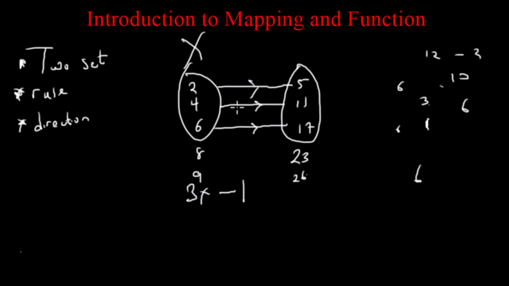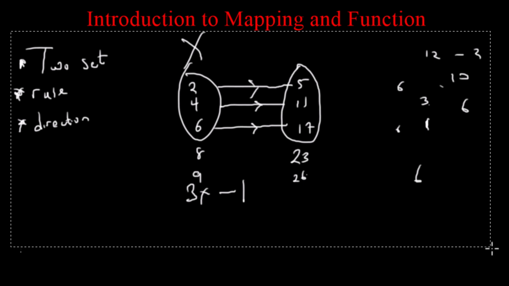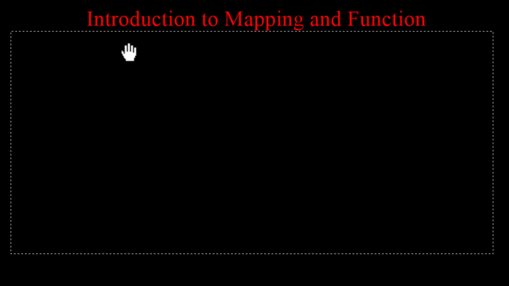So let's move on to the types of mapping that we have. We have 4 different types of mapping, and out of those, only some can be classified as functions. The first type of mapping we want to talk about is the one-to-one mapping. So let's say we have 2 dots here, and then we have 2 dots here.